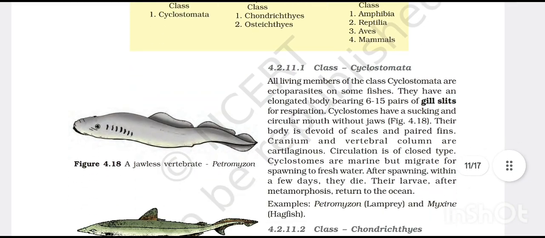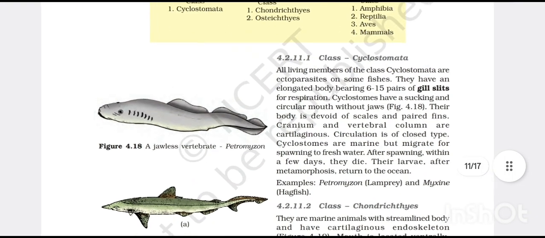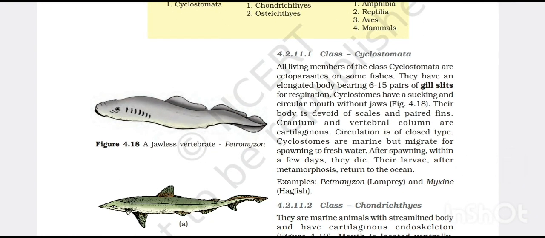Then the first one, the class Cyclostomata, which is present under Agnatha, lacks jaw. All living members of Cyclostomata are ectoparasites on some fishes. They are present as parasites on the body surface of other fishes.